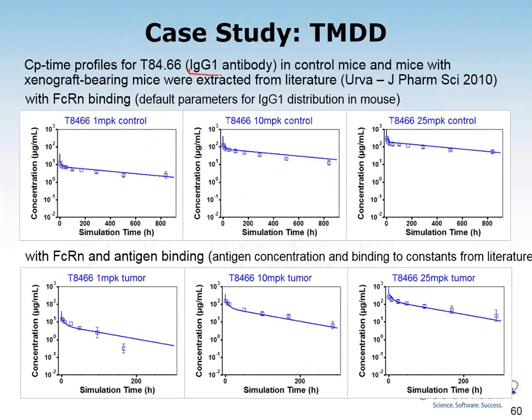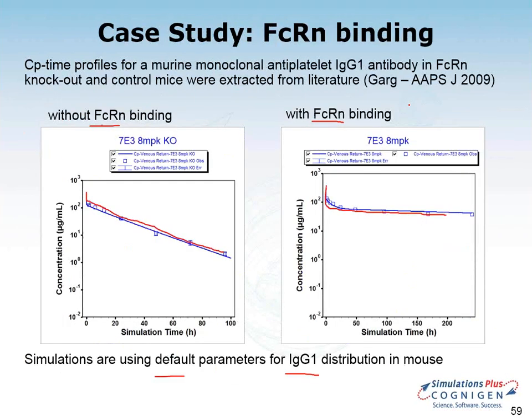Similarly, again, IgG1, we had an example where this was administered in control mice, and in mice with the xenograft tumor, so we were able to incorporate binding to a specific antigen present in that tumor. So the top row with just the simple FcRn binding is using the same exact default parameters as you would see in this example with FcRn binding.